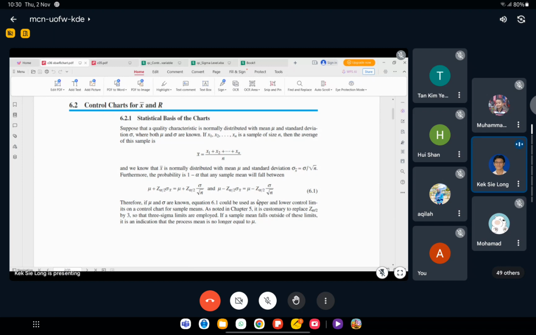It will depend on the Z score value, or on the different sigma level, Z alpha over 2, so it depends on the value of alpha. Different alpha values will give us different Z score values.